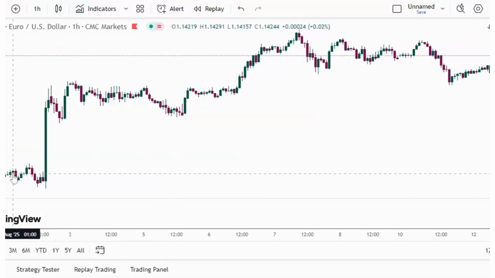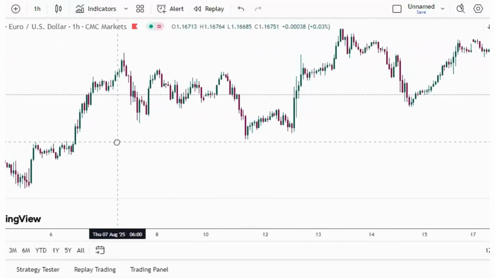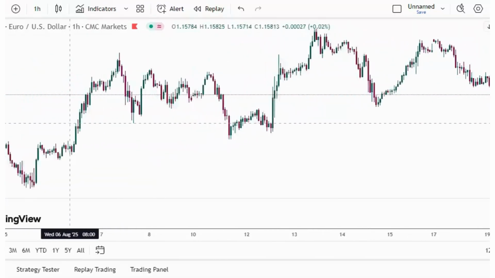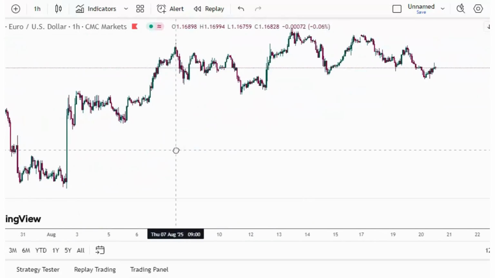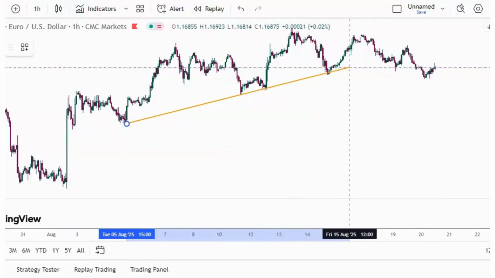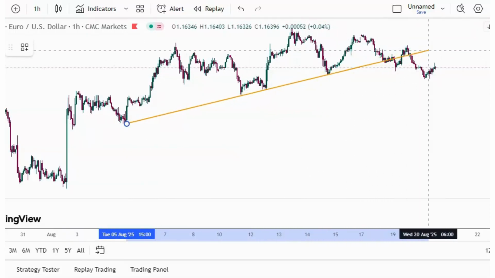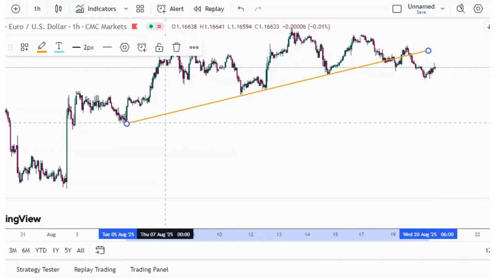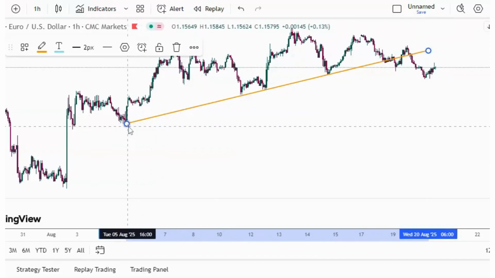Let's draw another. Okay, I can see another possible trend line here. Let's draw a trend line from this point. All right, this is another trend line here.